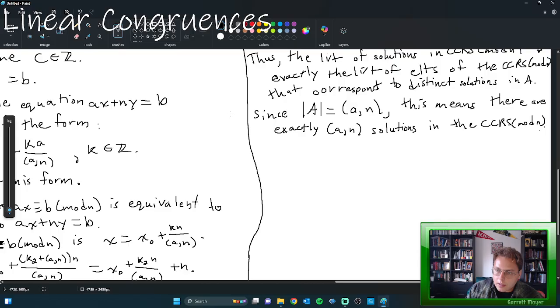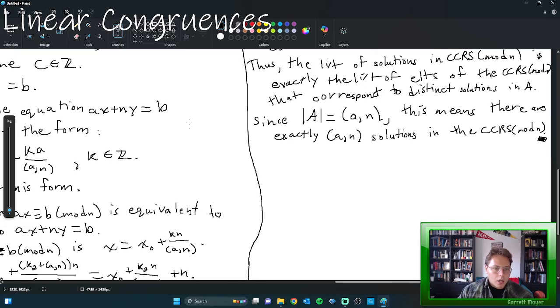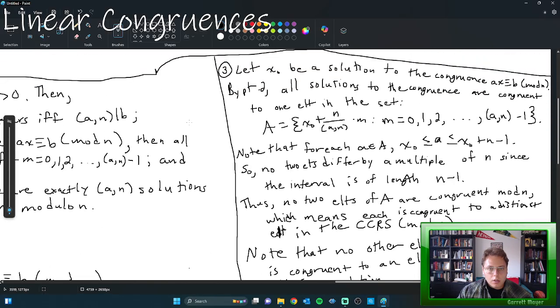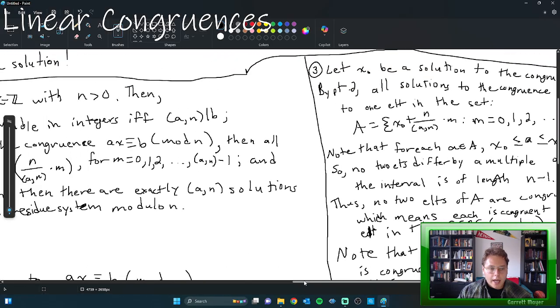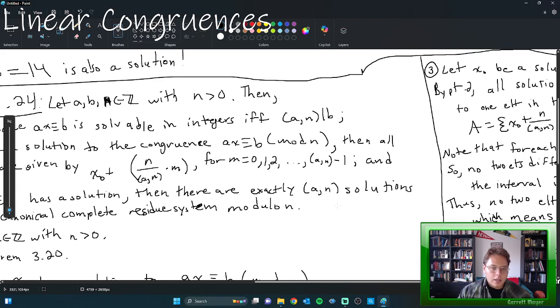And that is our proof. And that basically shows us what our theorem is. So we know now that there are exactly GCD of A and N solutions in the canonical complete residue system modulo N.